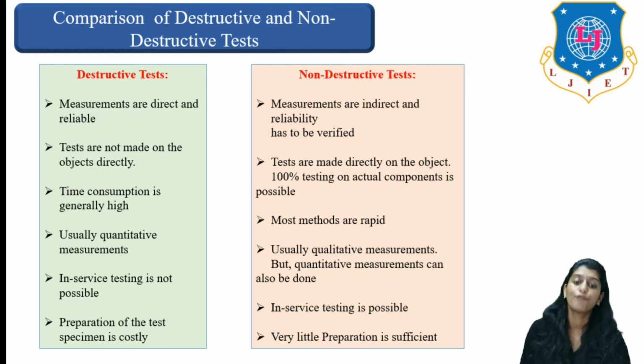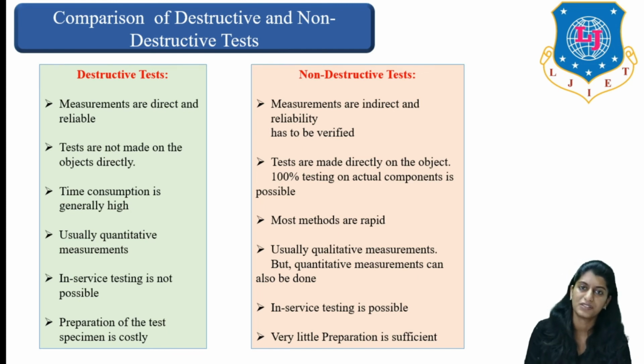In-service testing for destructive method is not possible, whereas in non-destructive test, in-service testing is also possible. Preparation of test specimen for destructive method is very costly, whereas only little preparation is required for non-destructive test.